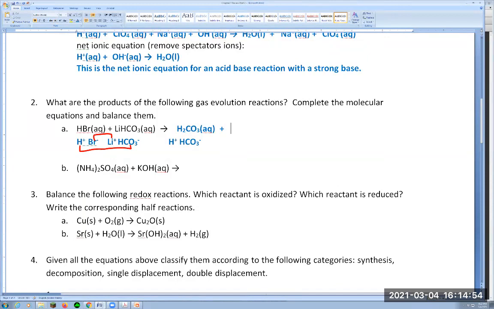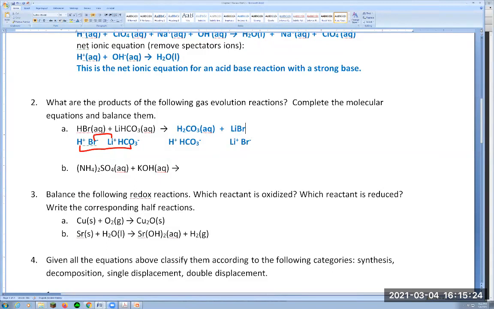And then the other combination of ions is from Li+ and Br-. Again, one positive charge and one negative charge, so one of each will make a neutral formula. We can write just LiBr.